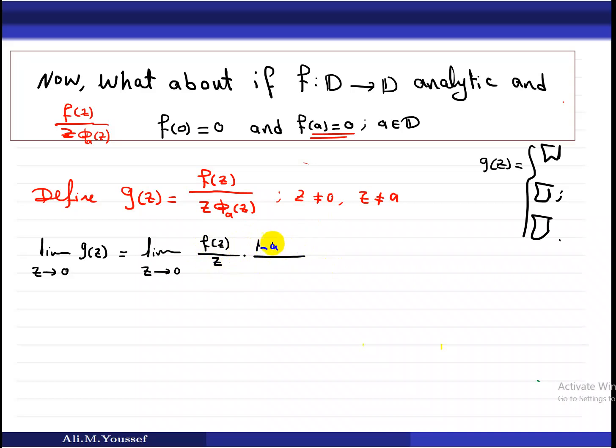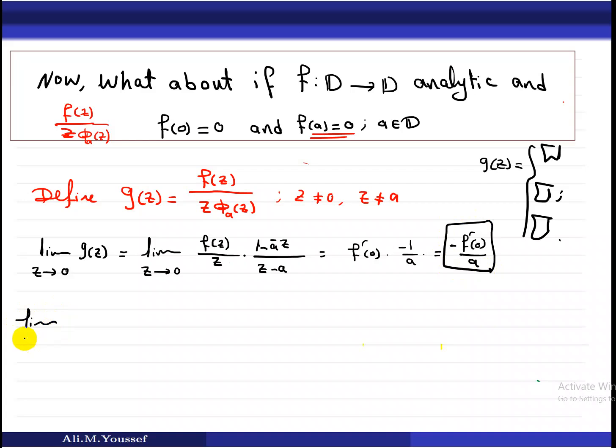It's 1 minus a bar z, here z minus a. This is our function. Take the limit. This limit is equal to f prime of 0. And this limit, if we substitute with 0 here, we find minus 1 over a. So it is equal to minus f prime of 0 over a. This is the first one.